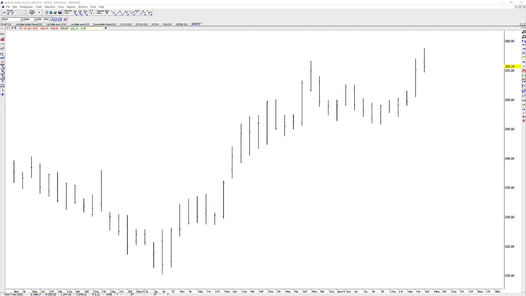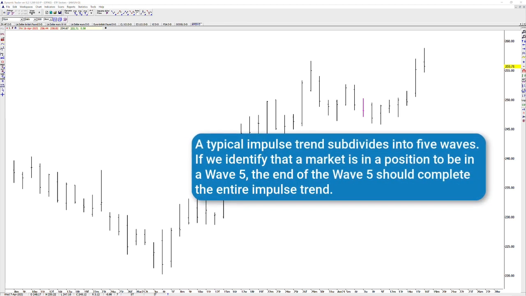So if we can identify that a market is in a position to complete a wave 5, or I should say if it's in a position to be in a wave 5, and then if we can identify the probable price zone, that would be the typical and or maybe the maximum target for that wave 5.